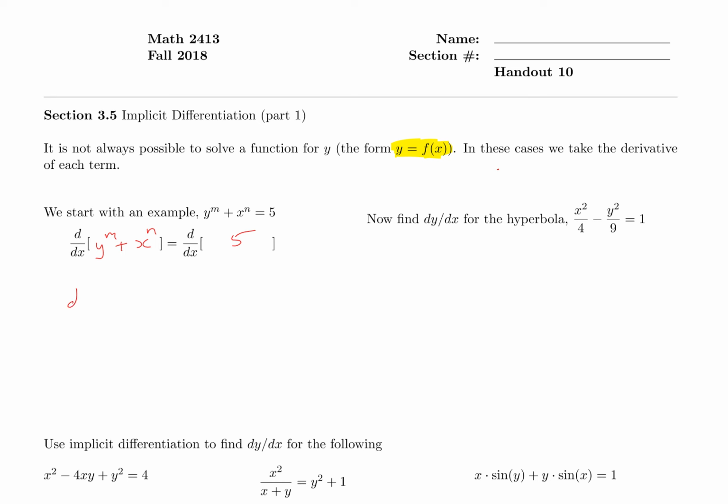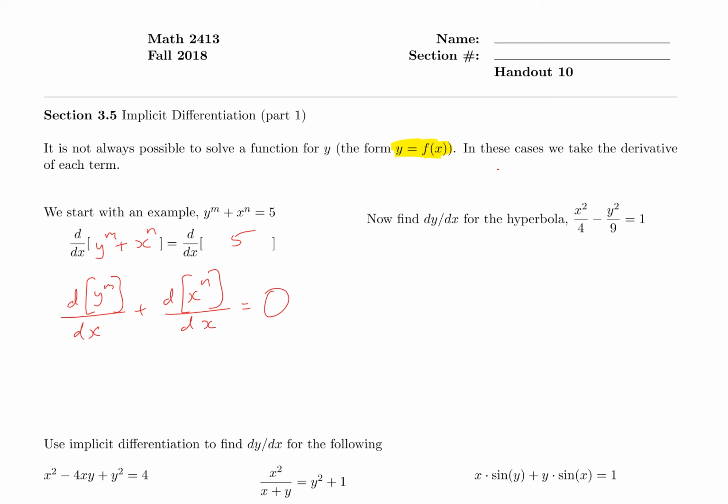And so we take the derivative of y to the m with respect to x plus the derivative of x to the n with respect to x. And keep in mind, over here, the derivative of a constant is 0.